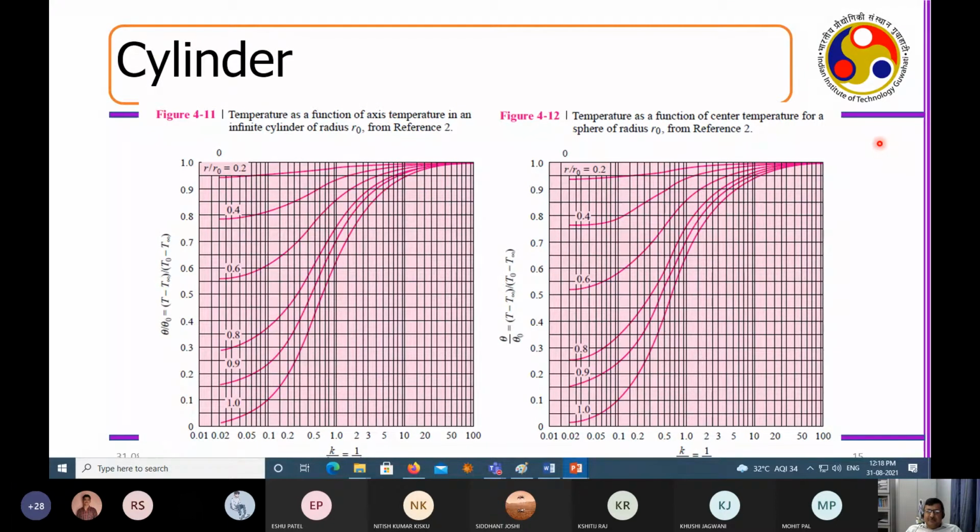These plots are already available because these geometries frequently appear in engineering calculations. Rather than using the equation, I just pick up the plot relevant to my engineering problem and find the value from there. Suppose you have iron, aluminum, or different materials; you will find different plots for different materials also.